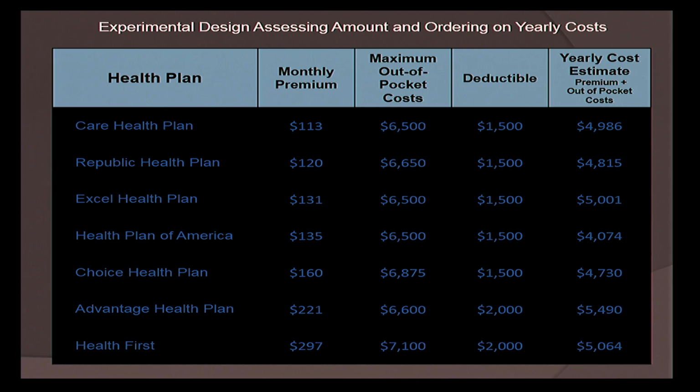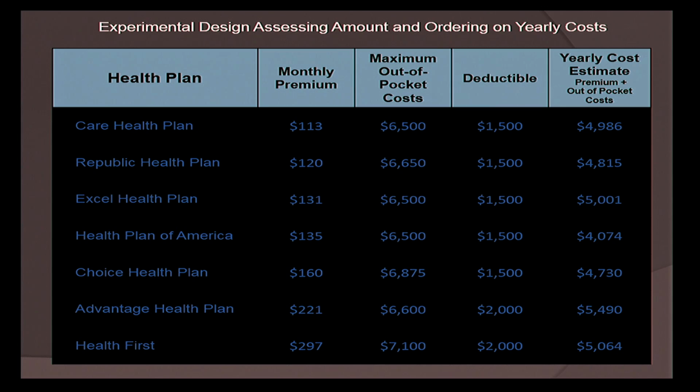Here is one experiment where there is a monthly premium, maximum out-of-pocket cost, deductible, and yearly estimated costs, and there are 7 plan choices.